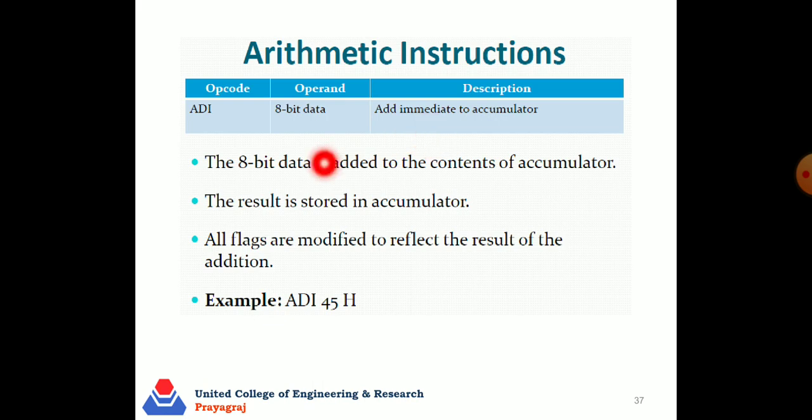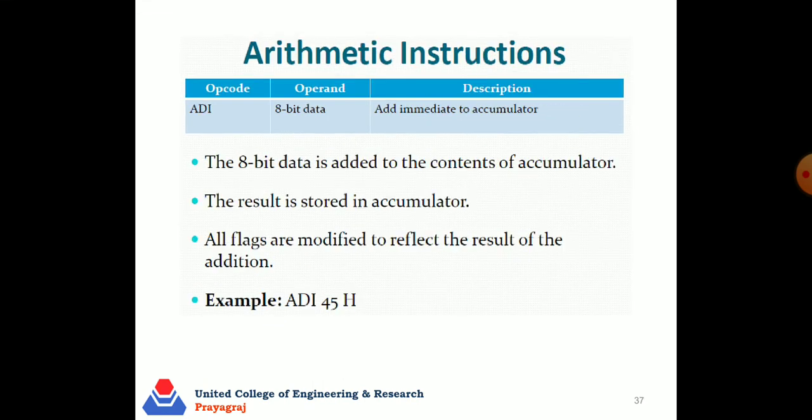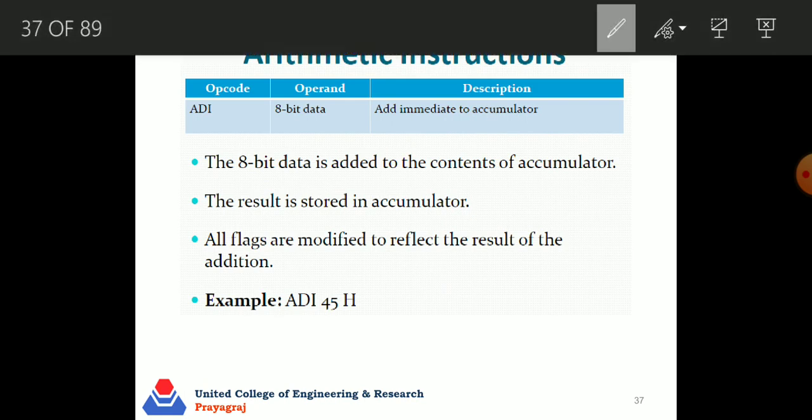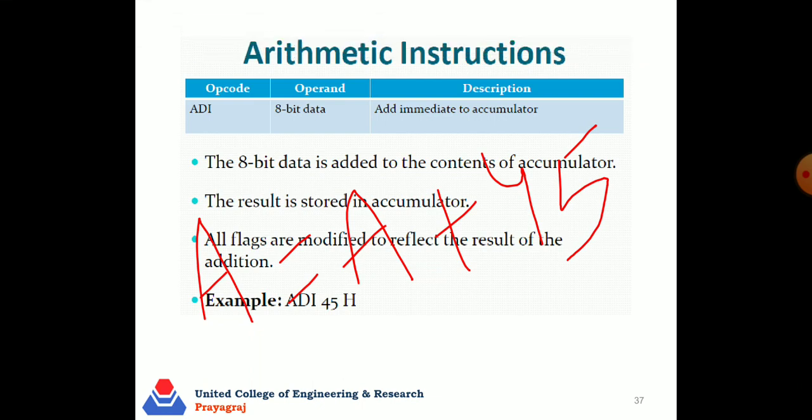The meaning of ADI 45 is A equals A plus 45. ADI means add immediate. The data may be 00 to FF. It may be FF, A8, 89, whatever you want to add immediate. It is added with the accumulator and the result is stored in the accumulator.